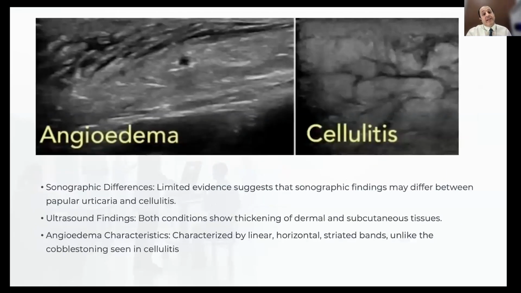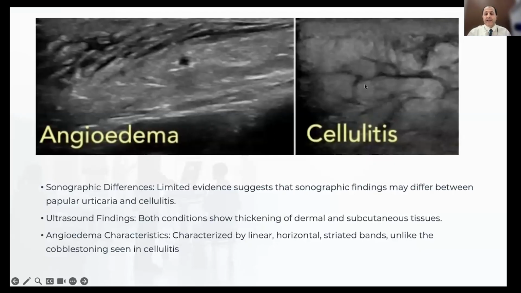So another mimicker is angioedema. How can we differentiate angioedema from cellulitis? There is very limited evidence suggesting that sonographic findings may differ between angioedema and cellulitis. In angioedema, the fluid accumulation is more linear, horizontal, with striated bands.